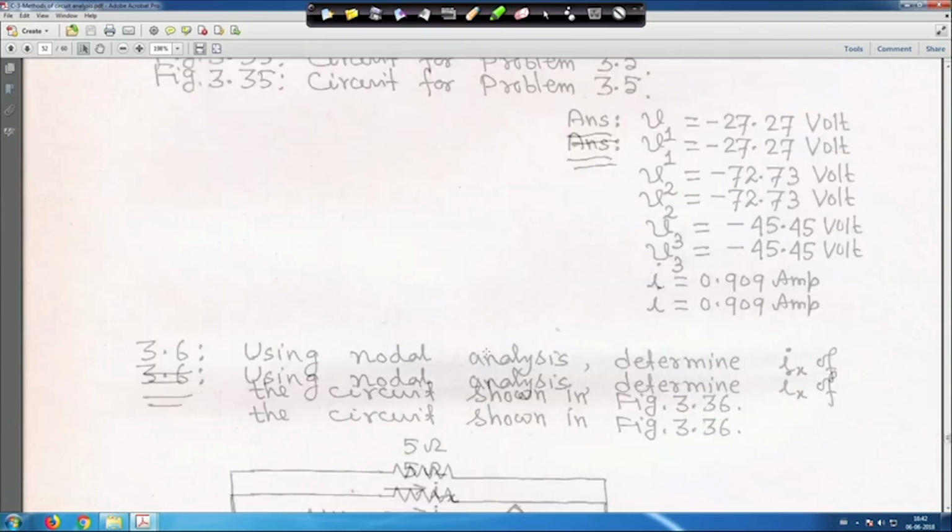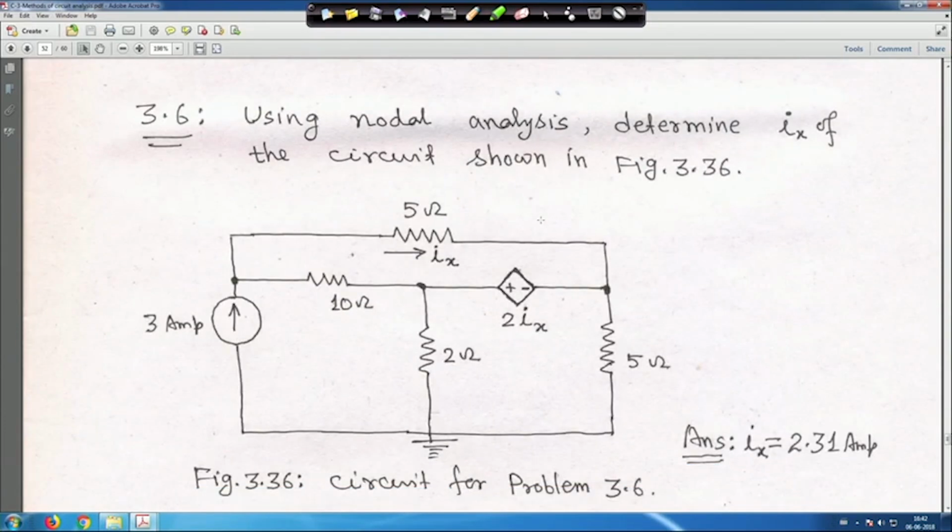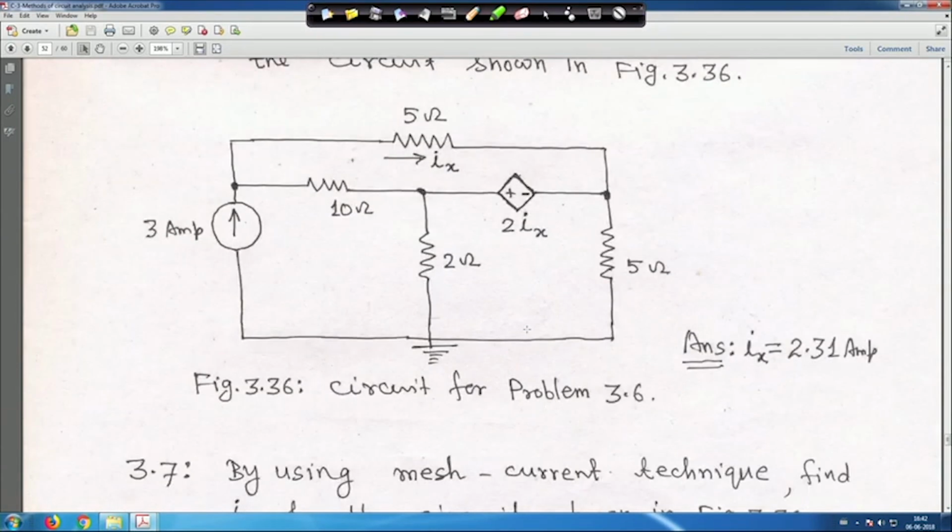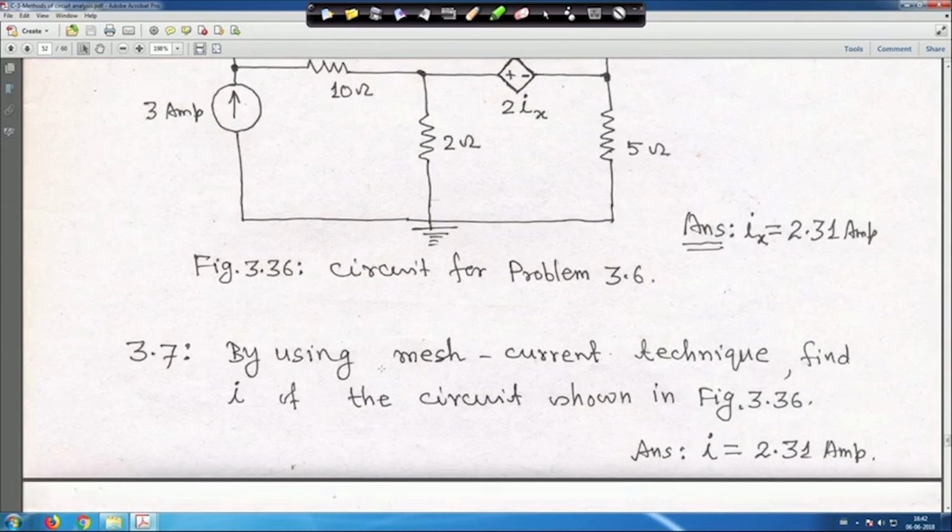Then example 6: using nodal analysis, you have to determine Ix of the circuit. It has a dependent voltage source. The answer is given: Ix is equal to 2.31 ampere. Similarly, for example 7, find by using the mesh current technique, find I, actually it should be Ix.